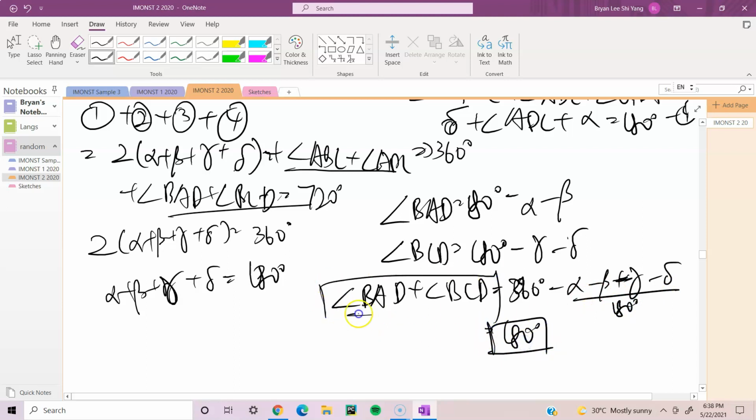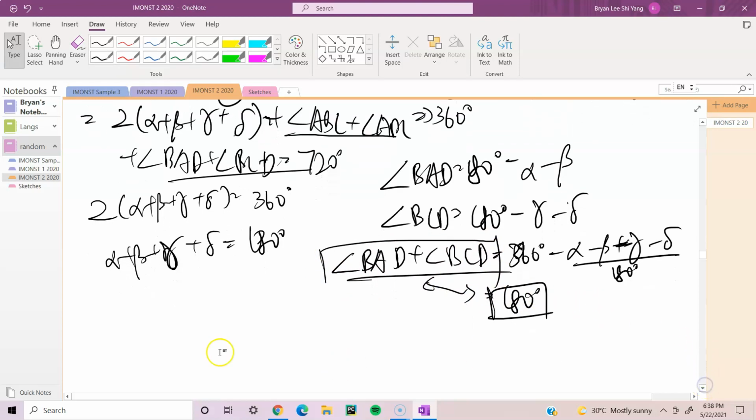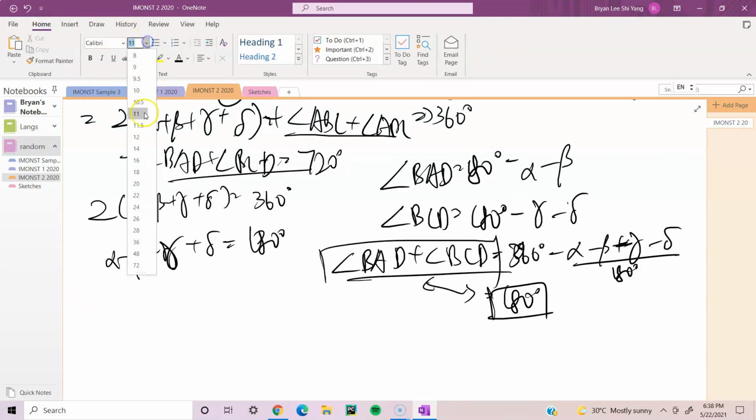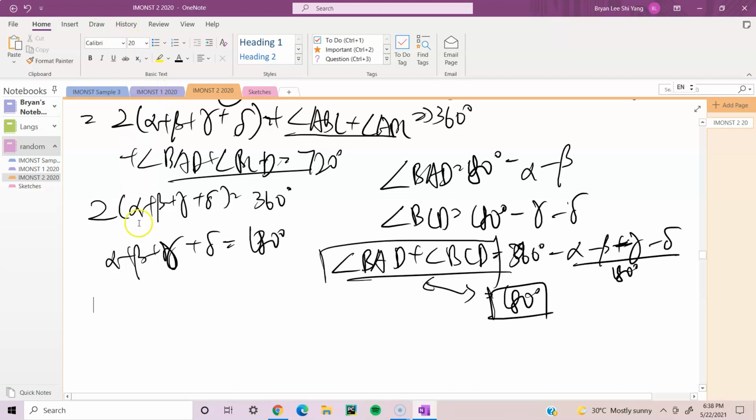So since both opposite angles sum to 180 degrees, we can just write. Okay, let me write it down here. Since, how do I represent angle? So I use this to represent angle.